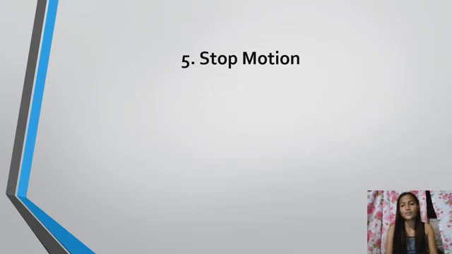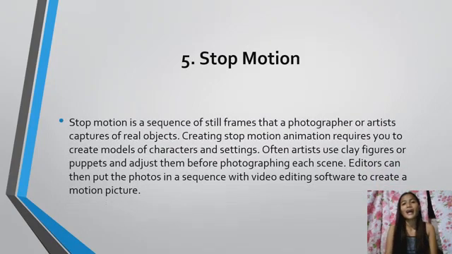Next, the last but not the least, is the stop motion. So when we say stop motion, it is a sequence of still frames that a photographer or artist captures of real objects. So creating stop motion animation requires you to create models of characters and settings.